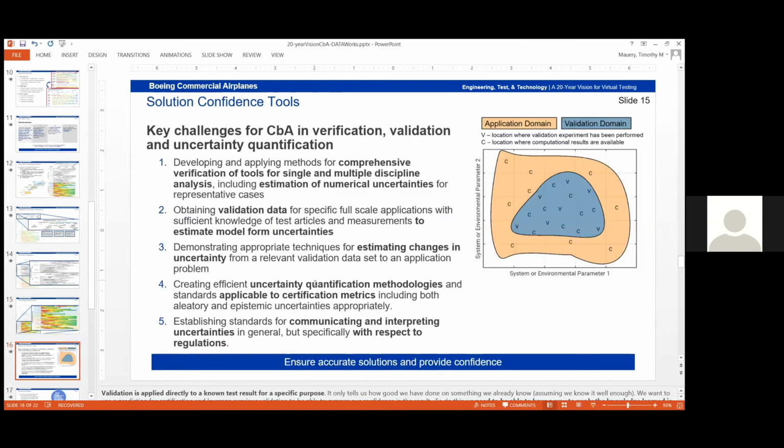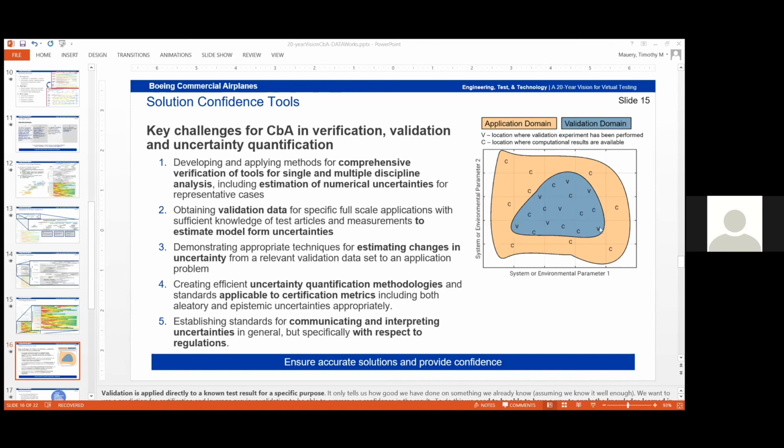These solution confidence tools are crucial to being able to convince the FAA or other regulatory agencies that we know what we're talking about, and that we can provide answers that are just as accurate as the flight test results.